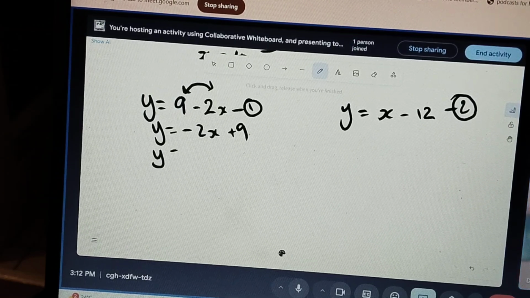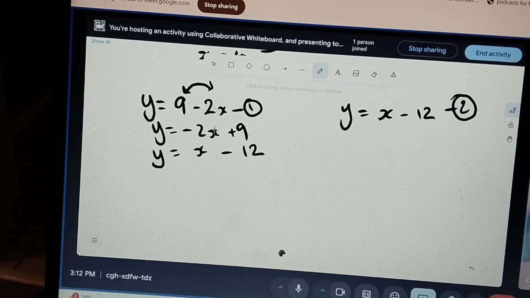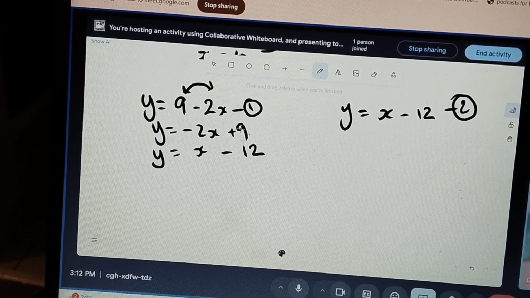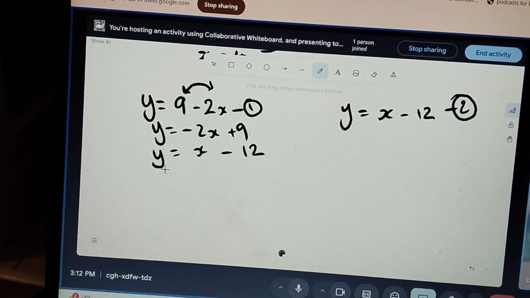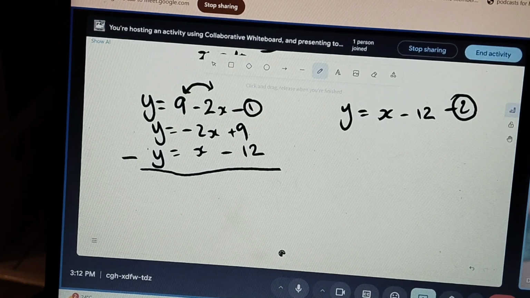So I'll go y equals x minus 12. See that? Now my x's are in line, aren't they? I've got my x's underneath each other, my constants underneath each other, and my y's underneath each other. Now I'm going to do some eliminating. So I'm going to subtract the whole bottom from the whole top.